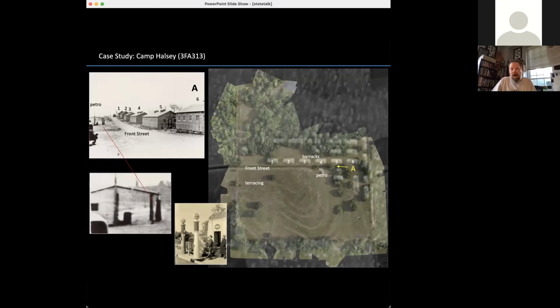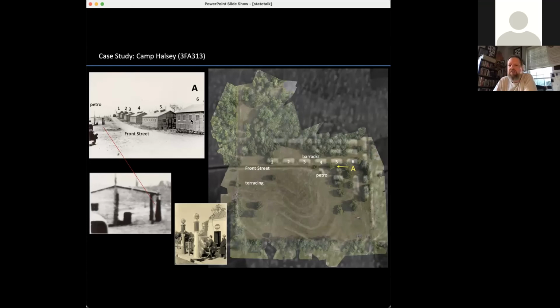It's described in the archival records as, quote, Front Street at Camp Halsey, looking west, 35 CCC enrollees housed per barracks, okay? So using this aerial imagery, the position of the photographer can be established right here as A, and informs on the types of buildings that represent these 6 buildings along Front Street, all of these barracks.